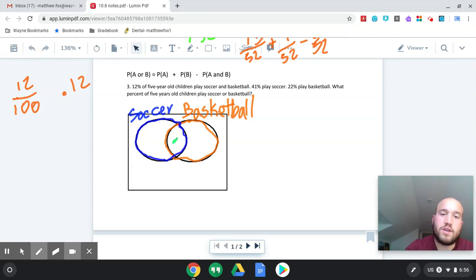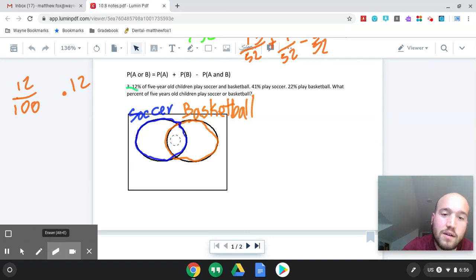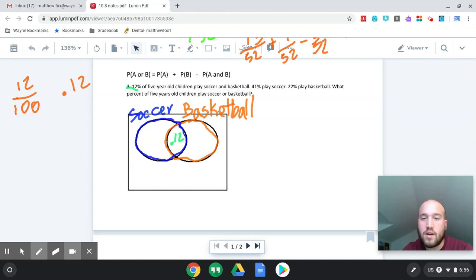And right here it says 12% of 5-year-olds play both basketball and soccer. So in this part, we're going to put 0.12. Now, this is just kind of a visual to show why when we solve it, we add, and then subtract the combined part.